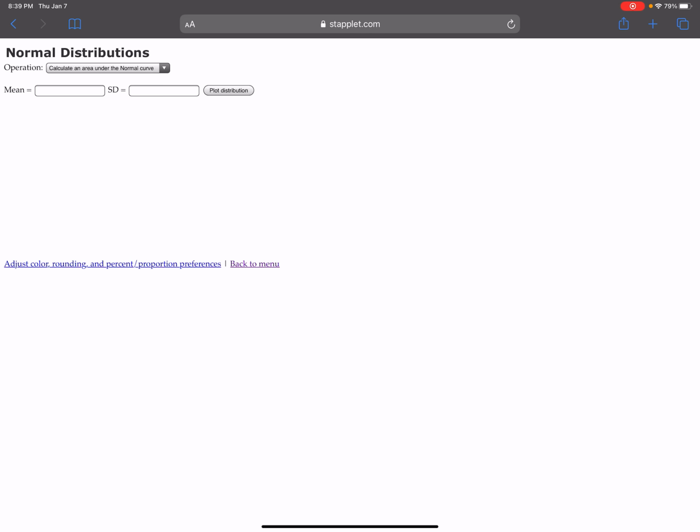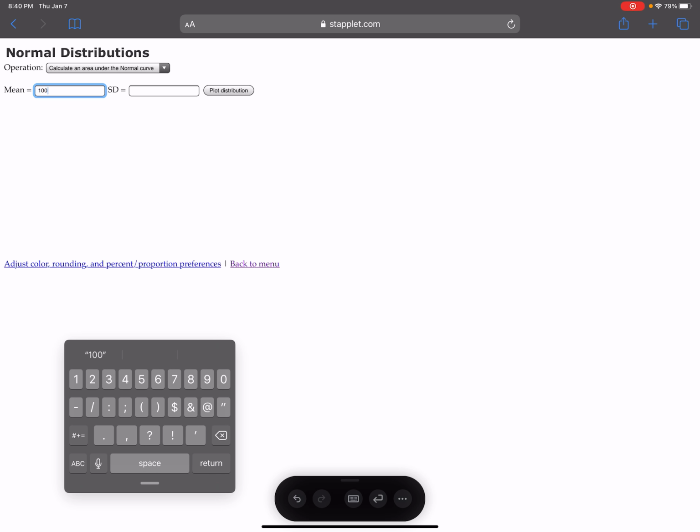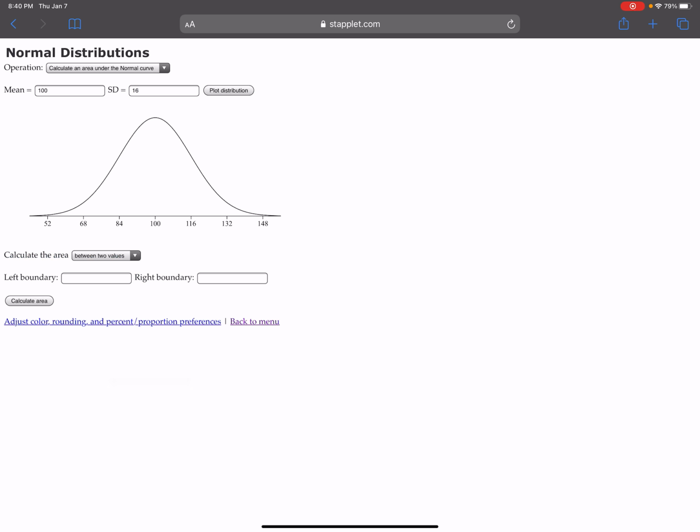And under normal distributions, you can use your pull down menu to find the area under the curve, or you can calculate a value corresponding to an area. We're looking for all proportions in this particular problem, so we're going to look at finding the area under the normal curve. So the mean, of course, is 100, and the standard deviation is 16. Plot that distribution, and now we've got an option for calculating values.